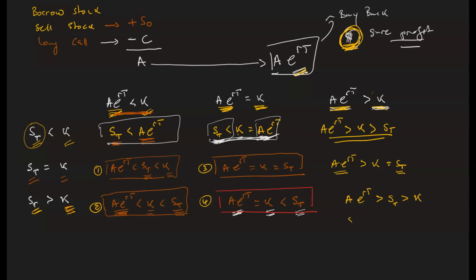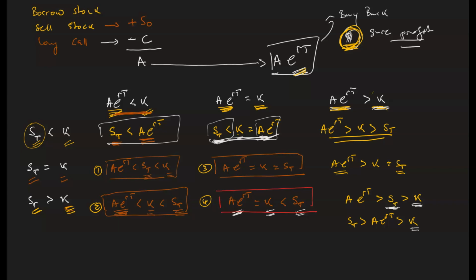Or we're going to have stock price that's greater than A future value, which is also greater than the strike price. Either way, we can exercise by buying in the open market or exercising the option, right? We can buy back the stock by purchasing in the open market or exercising the option, or we can purchase the stock back by just exercising the option. So there is an arbitrage opportunity that exists there.